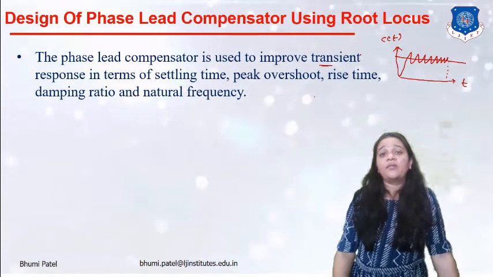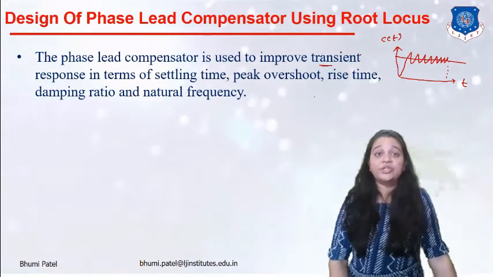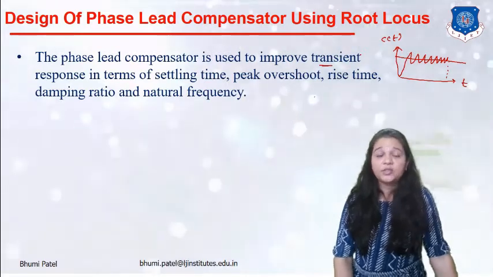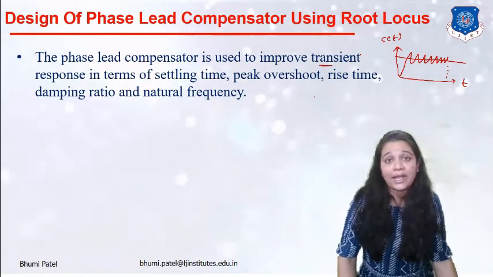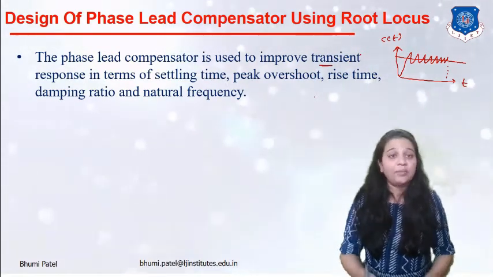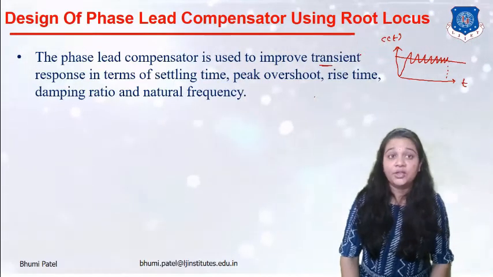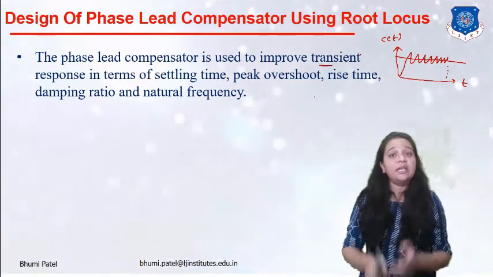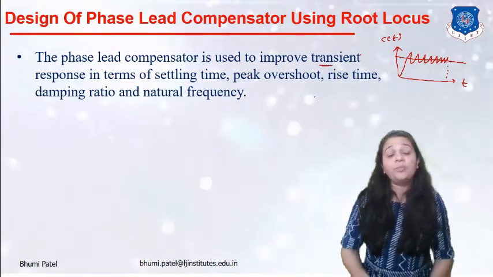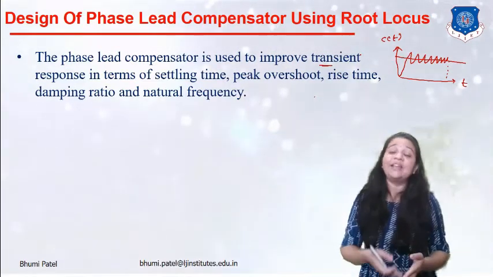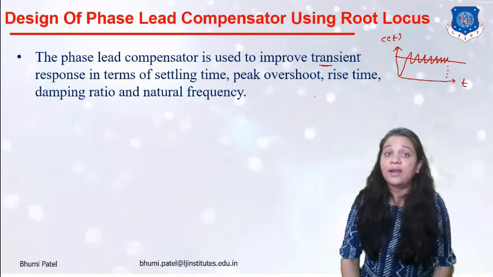Which factors affect the transient response? Generally, in the transient response we consider settling time, peak overshoot, rise time, damping ratio and natural frequency. Using the phase lead compensator we can minimize the settling time. Also we can change the rise time.